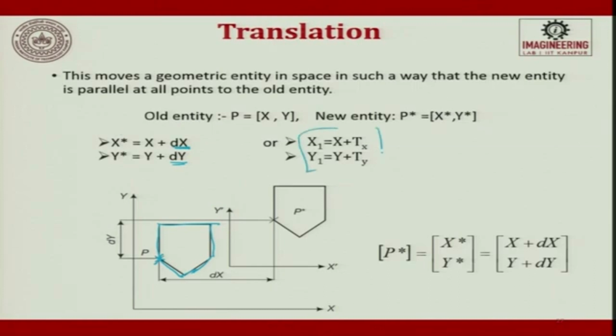The new point x1, y1 is nothing but x plus tx, y plus ty. When I represent it back in matrix form, P star is x star, y star, which is x plus dx, y plus dy.